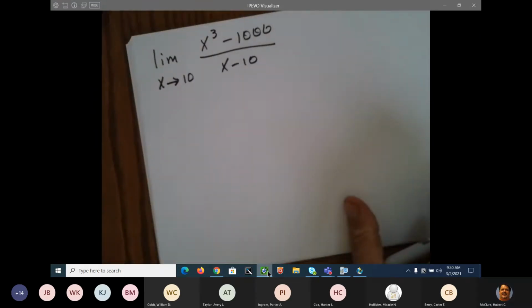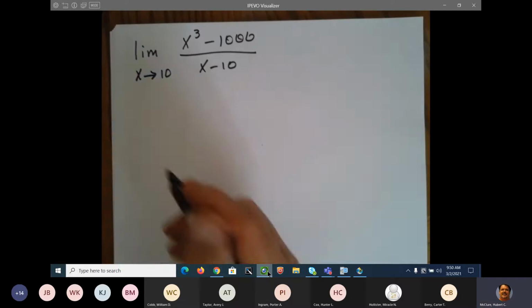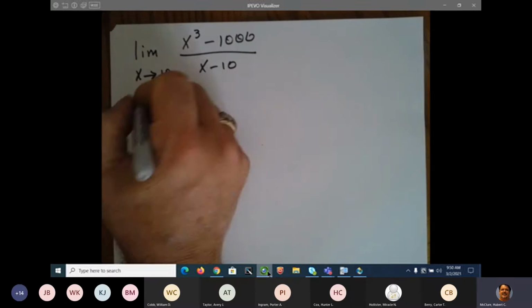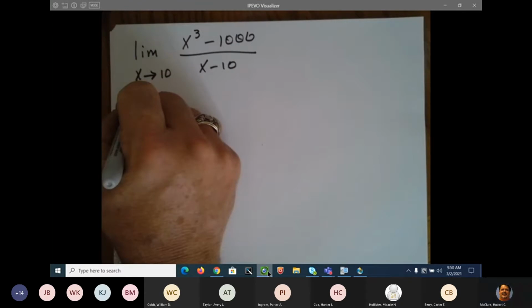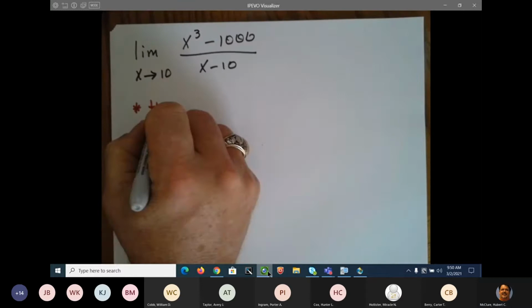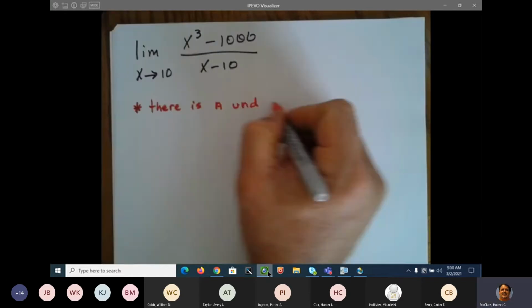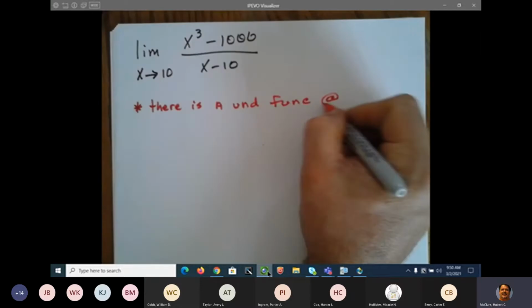make a note, and I told y'all to do this when we did the problem. We did this problem in class. There is an undefined function at x is equal to what? 10. So there is an undefined function at x is equal to 10.